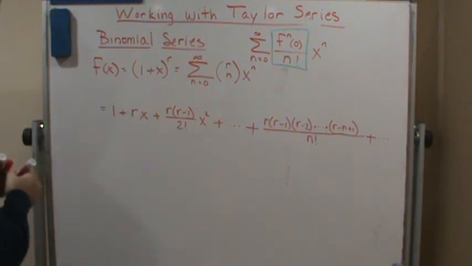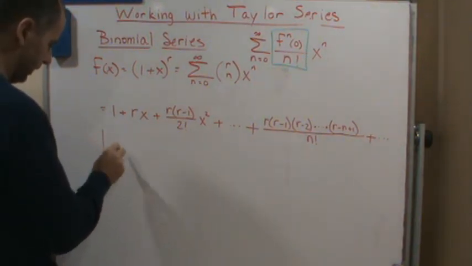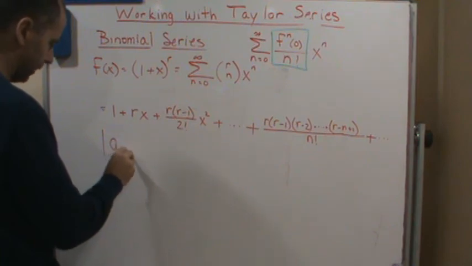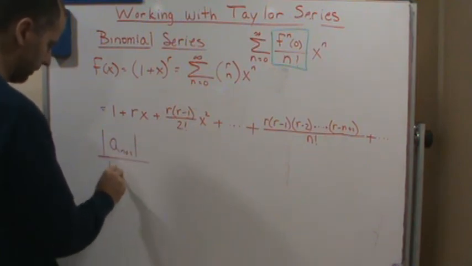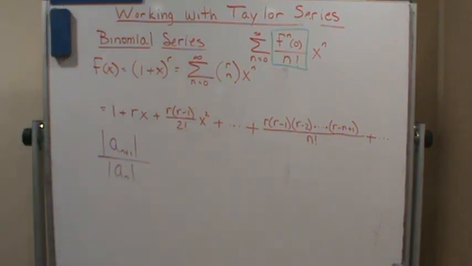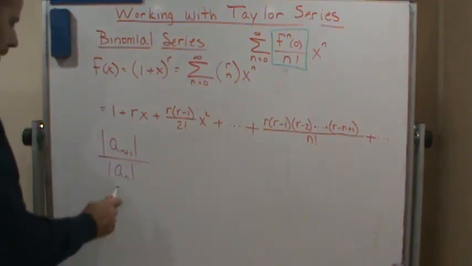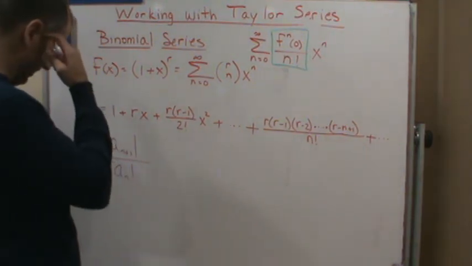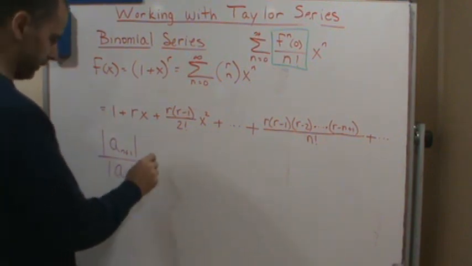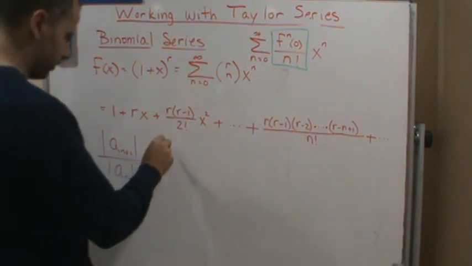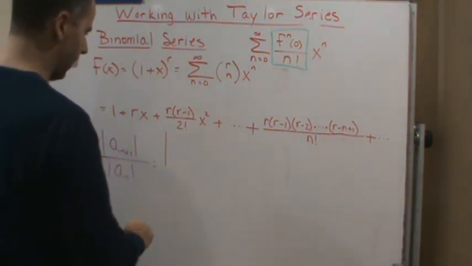So when we deal with the ratio test, again, it's going to be the absolute value of a sub n plus 1 divided by the absolute value of a sub n. And so now this is where we have to make sure we cross our T's and dot our I's. I'm going to multiply by the reciprocal of this. So again, I'm going to write this out. And this is going to be the absolute value of what?